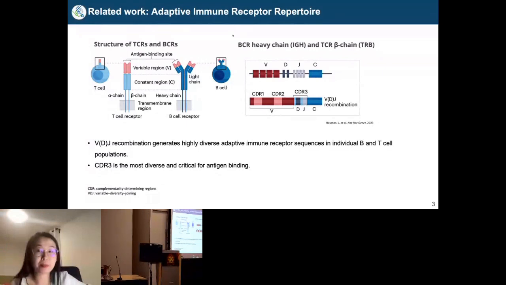The random joining of V, D and J gene segments with a highly variable CDR3 contributes significantly to the diversity of antigen binding sites. For this work, we only used the BCR heavy chain and the TCR beta chain because they tend to be more diverse than the light chain and the alpha chain due to the inclusion of the D segment.